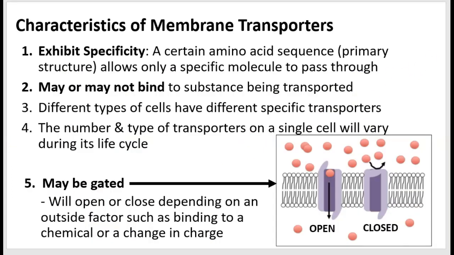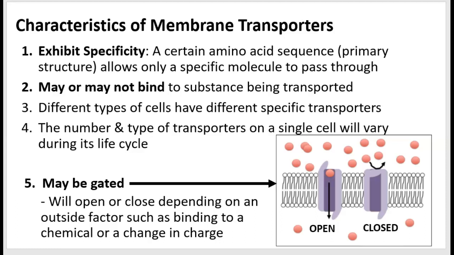So we're going to look at membrane transporters next and talk about the ways that they allow materials to pass and some of their characteristics. First of all, every membrane transporter could be called a carrier or a channel or a pore.